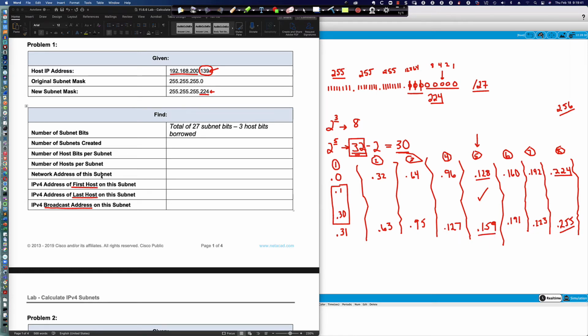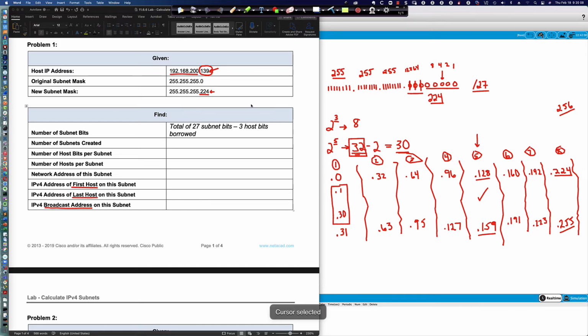So the network address of this subnet would be 192.168.200.128. The first host IP would be .129. The last host IP, the last assignable IP, would be .158, not 159, because 159 is our broadcast address.